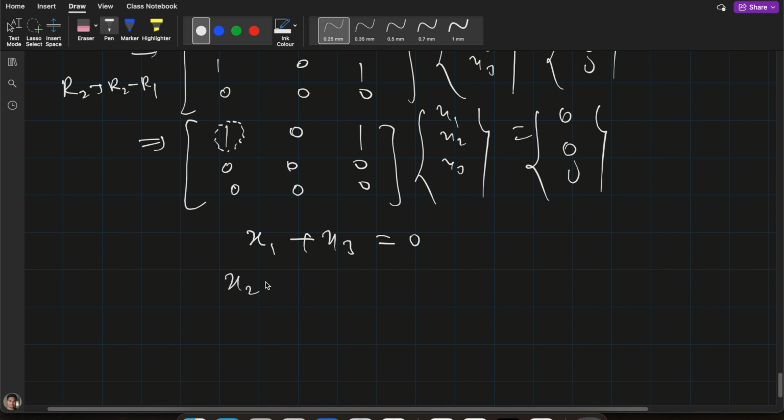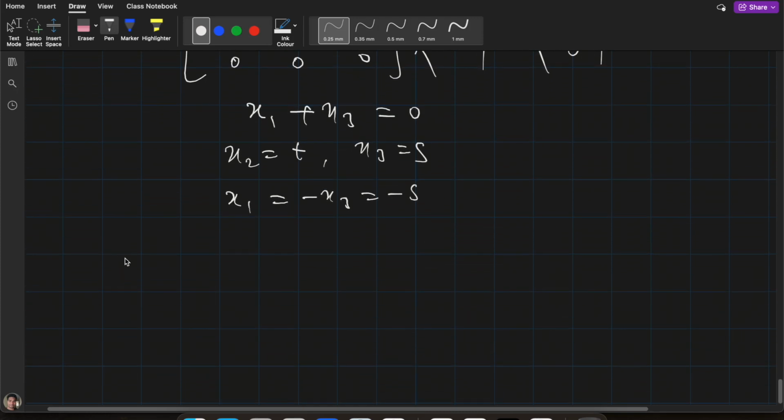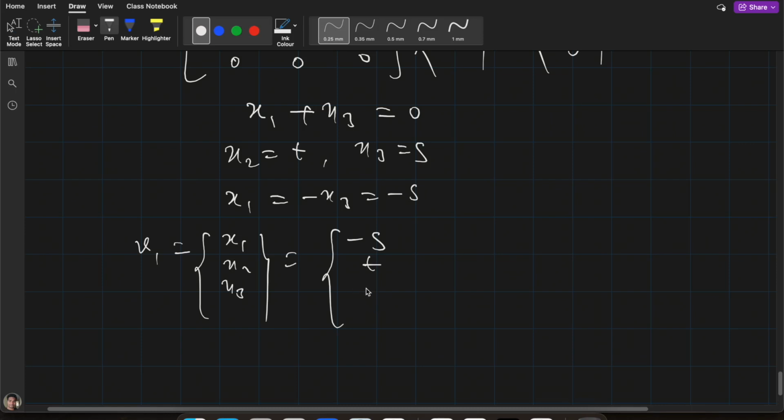So let x2 equal to t and x3 equal to s. So what will I get? x1 equal to minus x3, that is minus s. Now arrange it. The eigenvector x1, x2, x3 we can write as: x1 is minus s, x2 is t, and x3 is s.